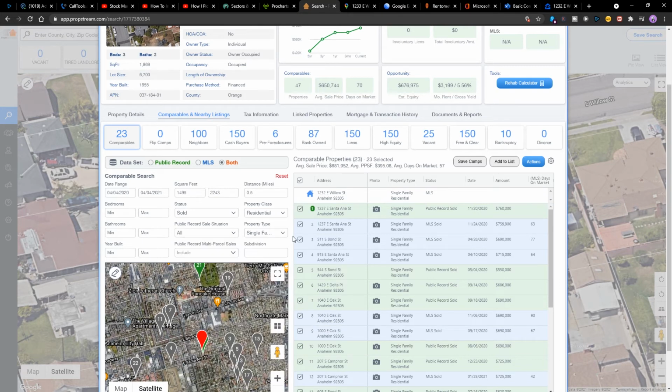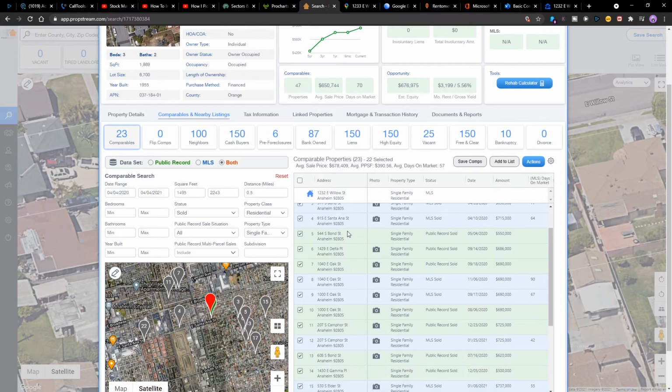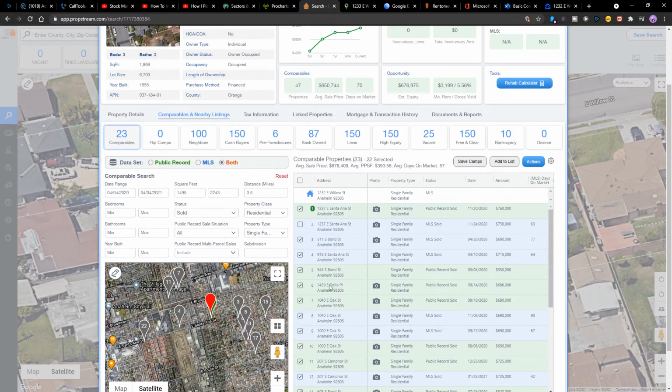So you want to limit it to something like this. I usually just tick both, and just make sure I don't tick the wrong one, because whatever you tick here will change the value here. Let's say 395. Look, it changed. Okay, that's not a duplicate. Bond Street 544. Okay, 104, just one of these. MLS sold better.